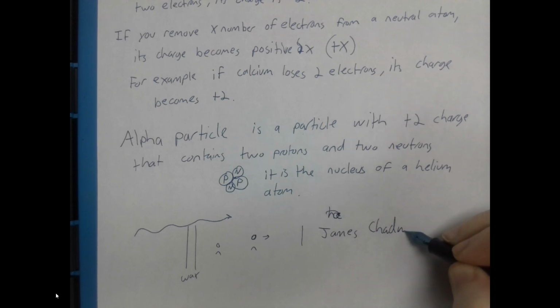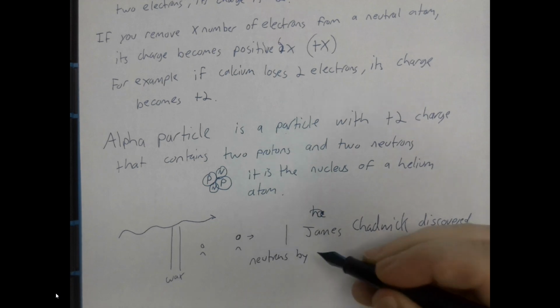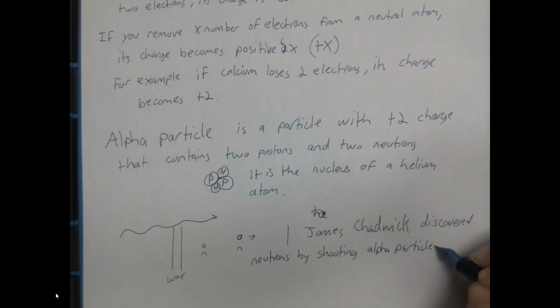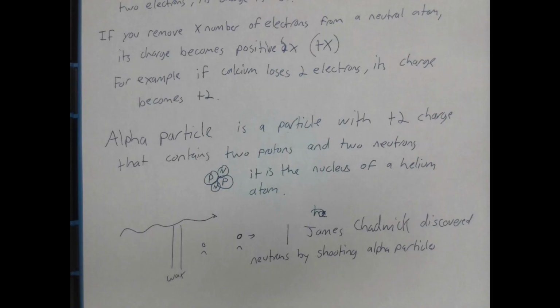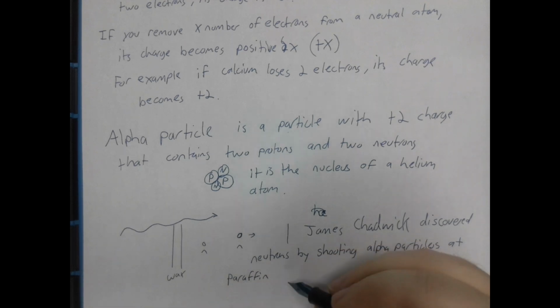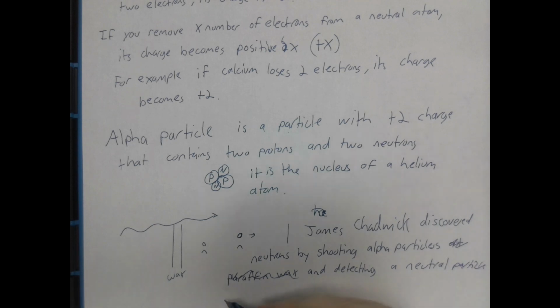So, James Chadwick discovered neutrons by shooting alpha particles, and detecting a neutral particle that had the same mass as a proton.